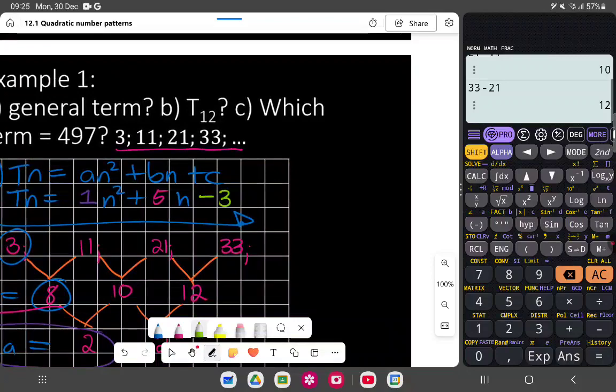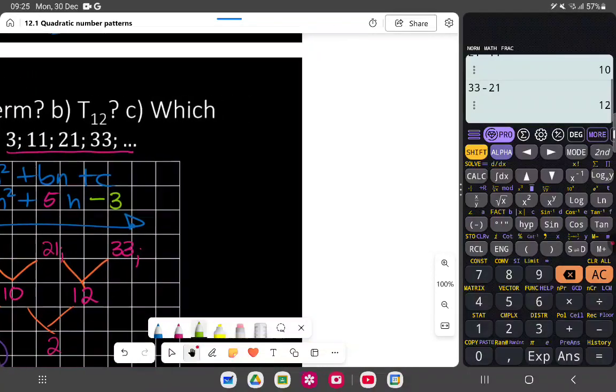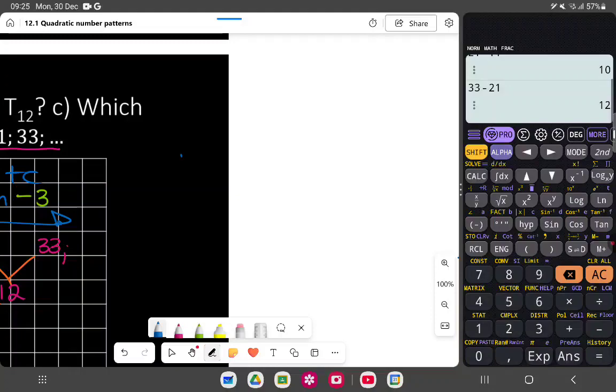Brilliant. Now let's answer the second question. What is the value of term 12? Okay, so we said that term n is equal to n squared plus 5n minus 3. So term 12 is going to equal, every time I see n, I put 12. So that's 12 there and 12 there.